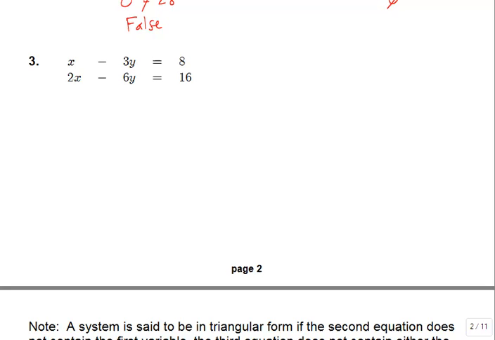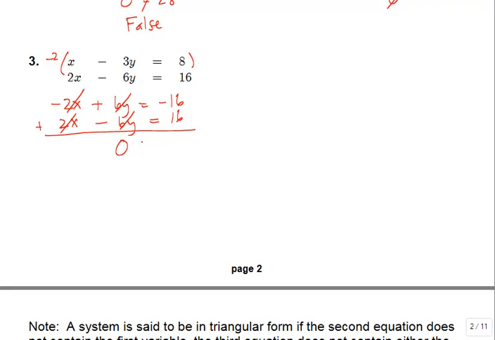Doing the same exact thing, trying to eliminate the x's by multiplying through by a negative 2. This top equation becomes negative 2x plus 6y equals negative 16. The bottom equation I'm going to leave the same and line it up underneath. And now when I go to add these together, the x's cancel and the y's cancel, so I have a 0 on the left side.